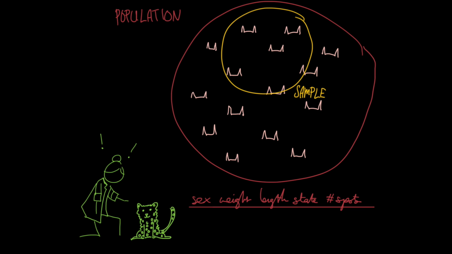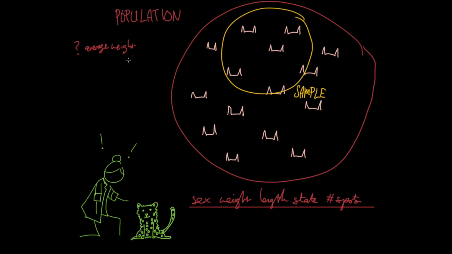However, although we want to know about the whole population, we don't actually want to know every single thing about every last cat in the population. We just want to know some broad, overarching facts about the population. These could include what the average weight is.